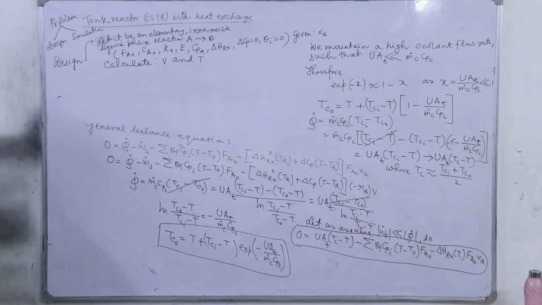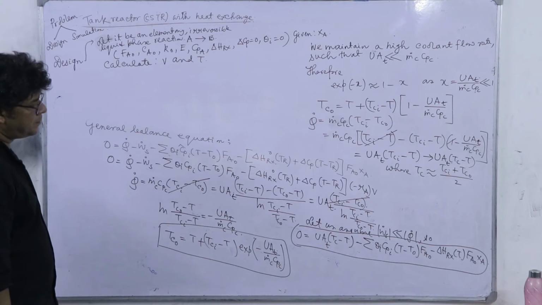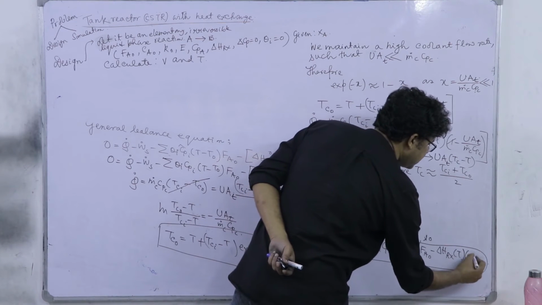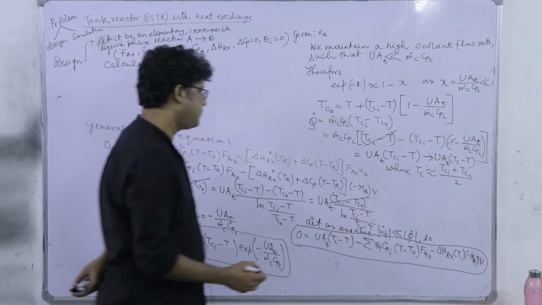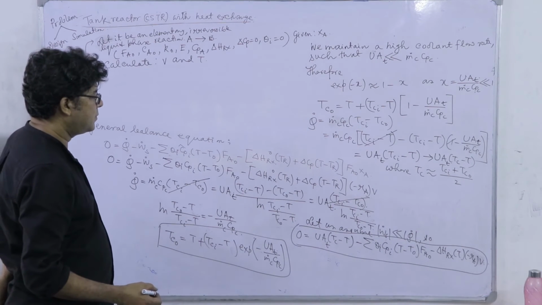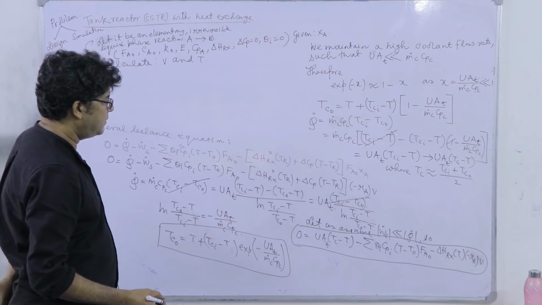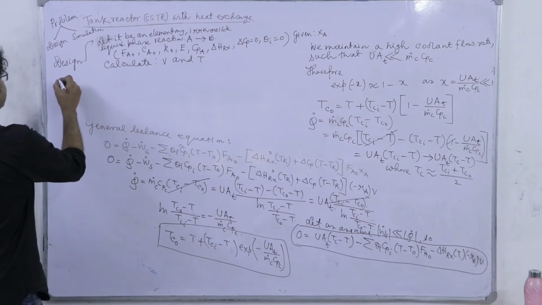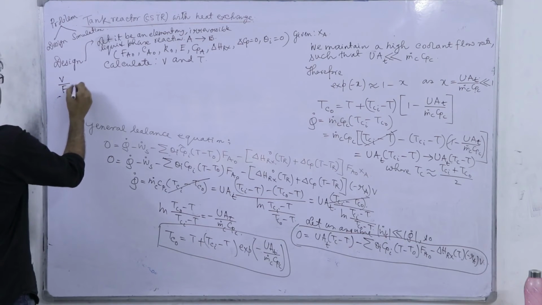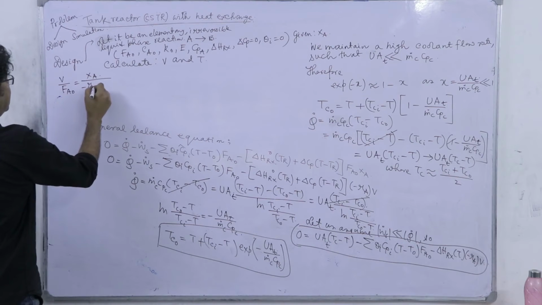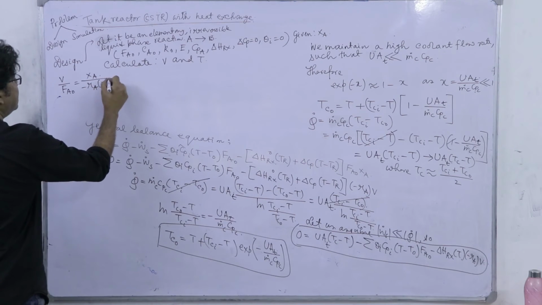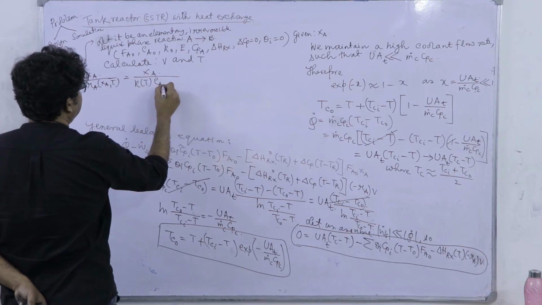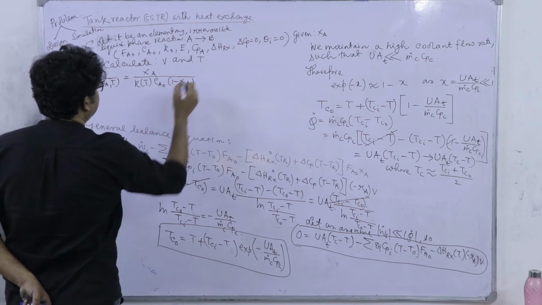So, there will be this minus Ra into V, and additionally we have this design equation, V by Fa naught equal to Xa by minus Ra, which is a function of Xa and T. So, you can write that as Xa divided by K, which is a function of T, into Ca naught into 1 minus Xa.